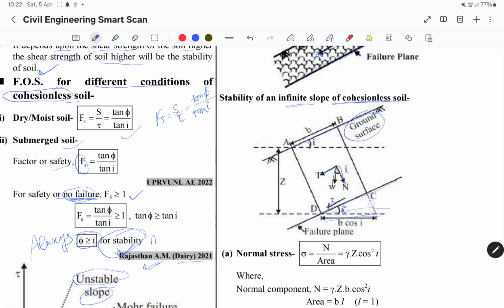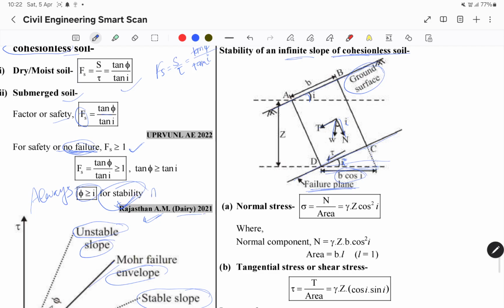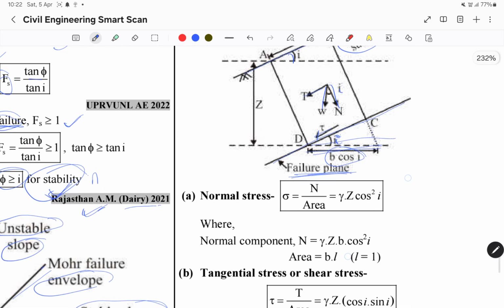Normal stress sigma is normal component upon area, equal to gamma z cos square i.